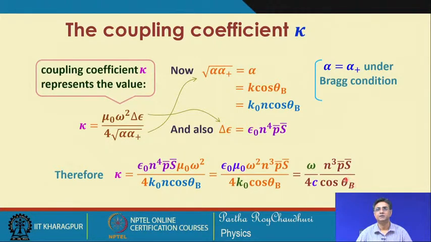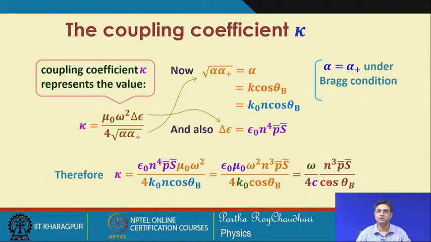Here cosine theta b, where theta b is the Bragg angle, is the x component of the propagation constant if this is the angle of incidence, and that appears in this.